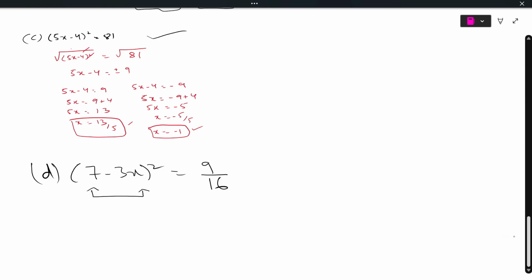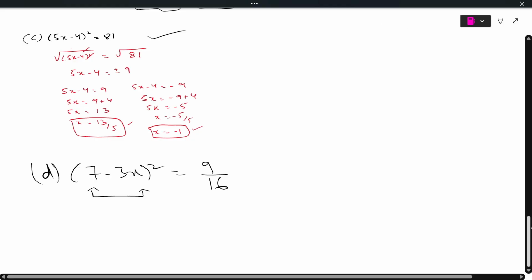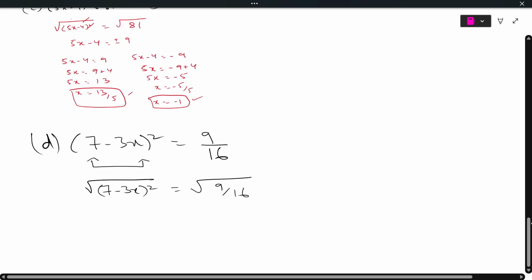Part number D, let's start with it. I'll be using the method from part C to solve part number D. So what do I have to do? I just write 7 minus 3x whole square, and then I take the square root of it, and I'm going to square root the other side as well. Again, let me repeat it: I just introduced square roots on both sides.